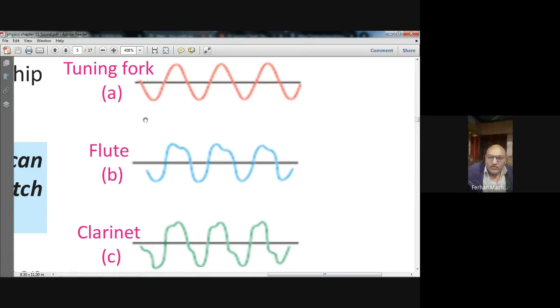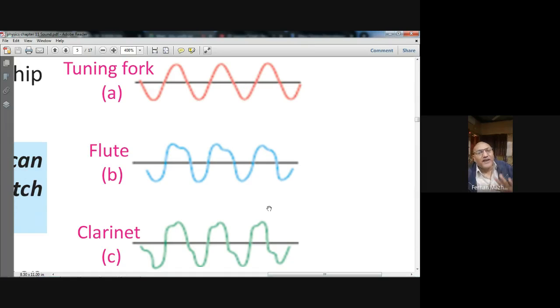Look, this is the time period of this wave and the time period of this wave. You can see that the time period is the same. If all these three sound waves have the same time period, it means they have the same frequency.